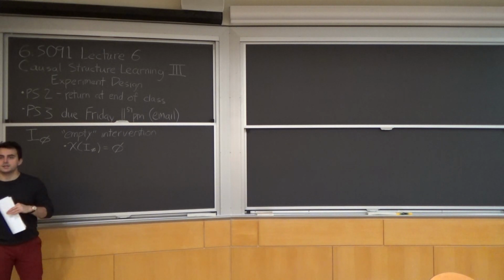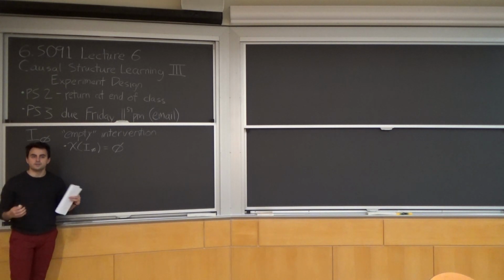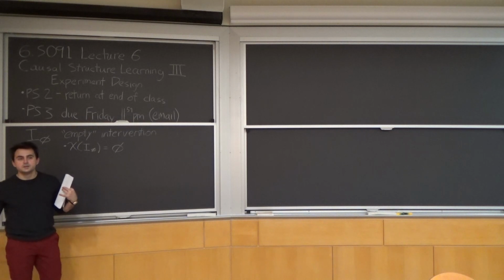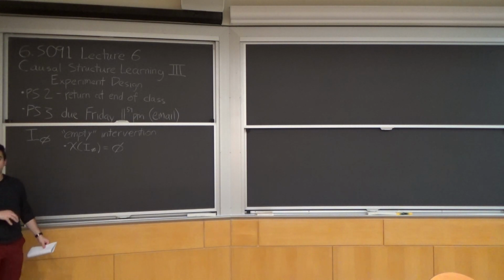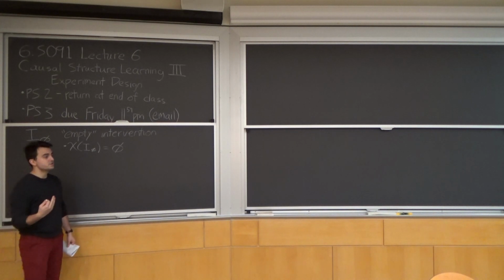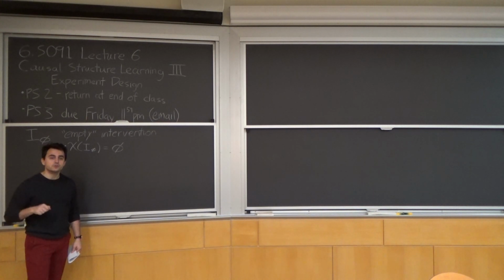And similar to the way that we use these intervention augmented graphs to extend our reasoning about identifiability of causal quantities in the policy evaluation section, we can use that as a tool to be thinking about what we can identify from interventional data. In the case of those policy evaluation questions, we're mostly considering just a single intervention. So all we have to do is introduce one extra intervention node.